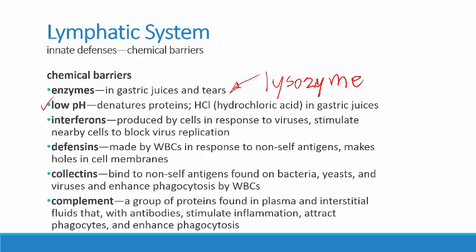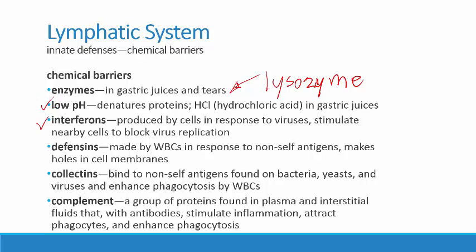There's a good chance that the pH of the stomach will help to kill whatever the pathogen is, because low pH denatures proteins, and when you denature a protein, you take away its function. So if the bacterial proteins on the surface of the bacteria or inside the bacteria are damaged, then the bacteria is likely to die.